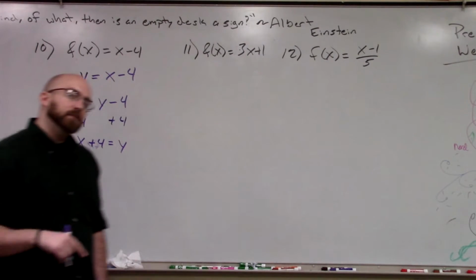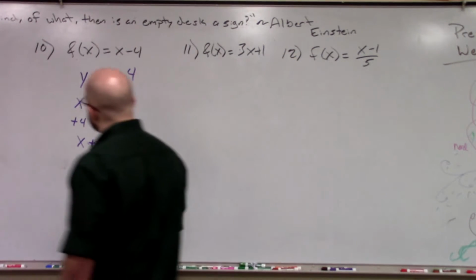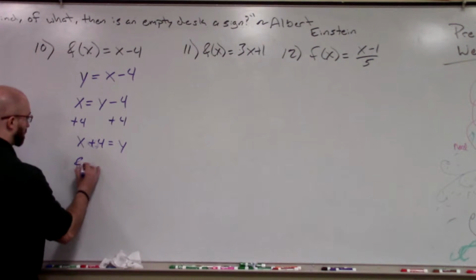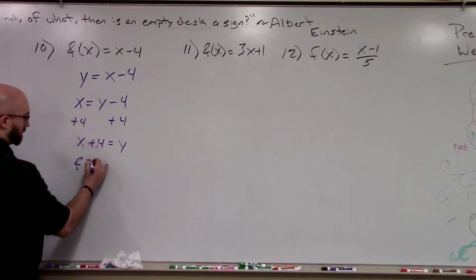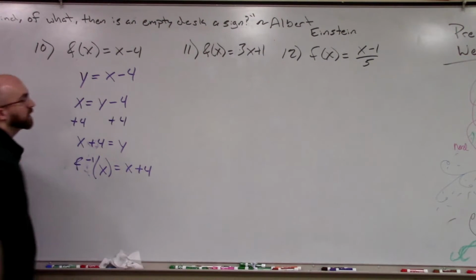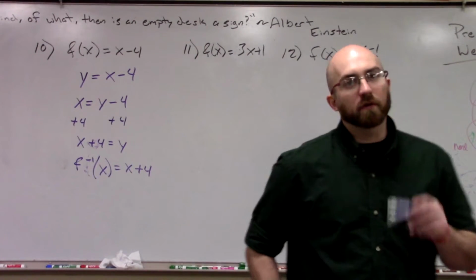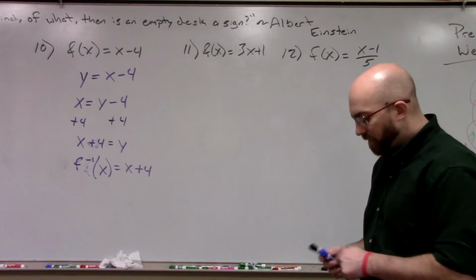The last step is replace the y with f negative 1 of x. So, f negative 1 of x equals x plus 4, and this problem's done. Okay. I know, it's just like, oh, you just change the signs. That's the mindset of it.